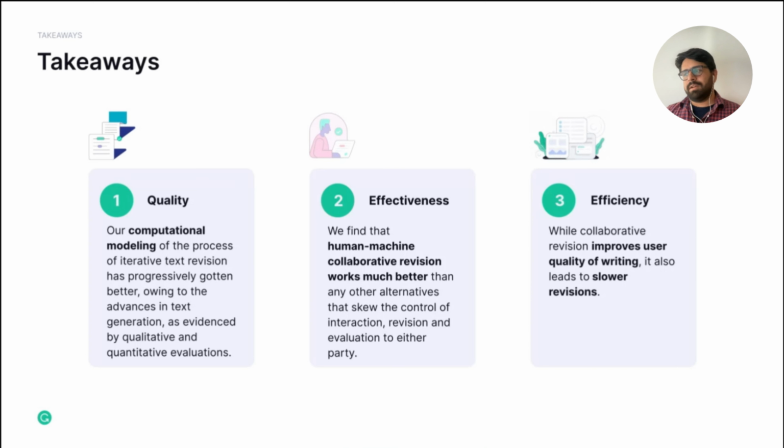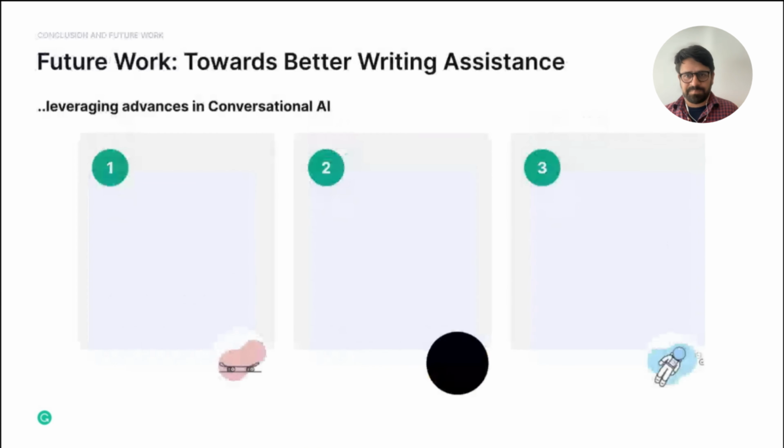We found that human-machine collaboration works much better for revision than any other alternatives that skew the control of interaction, revision, and evaluation to either the user or to the system. And finally, while collaborative revision improves the quality of writing, it also leads to slightly slower revisions. That's something that we plan to address further.